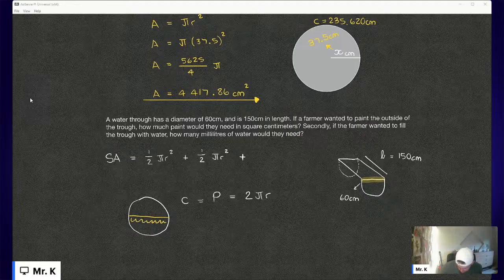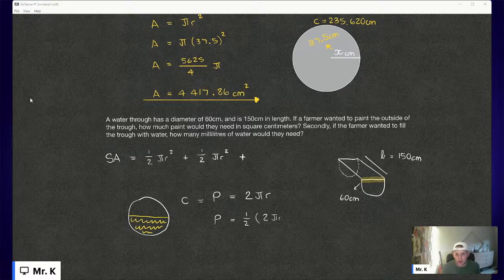But remember, I only want half of a circle where the water is going to be sitting, right? I don't have a full circle. So how do I find the perimeter of half a circle? Well, the perimeter is then half times all of this. A half times 2 pi r. And if we simplify this, guys, the half and the 2 are going to cancel. So the perimeter of half a circle is simply pi r, right?